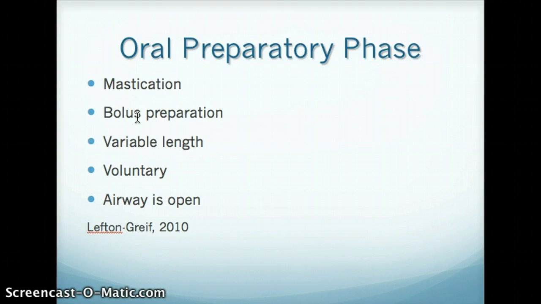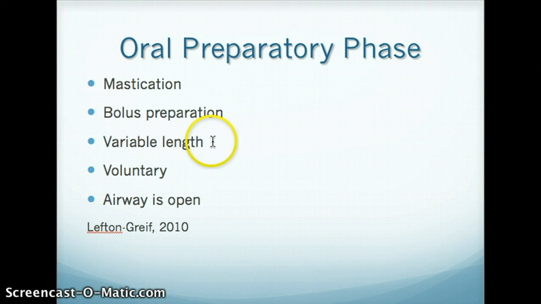I want you, over the next day, when you eat something, to count how many times you chew something before you swallow, and see if it's between that 15 to 30 times. So in this oral preparatory phase, you're chewing food and preparing it to be swallowed.